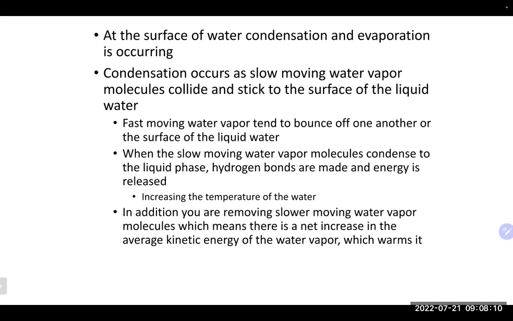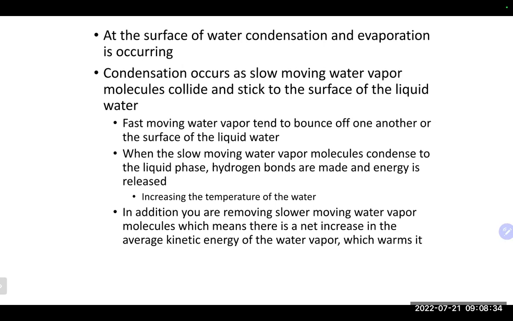For example, when you're taking a shower and you have hot water, it creates steam. Steam then goes through condensation, which is why the mirror gets all wet as you're showering. That's a lot of condensation happening in that room, and that is all exothermic, which means that energy needs to go somewhere, and that energy is going to you, and you feel nice and warm in that situation, right?